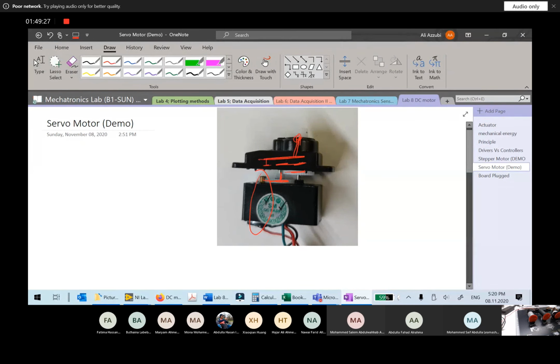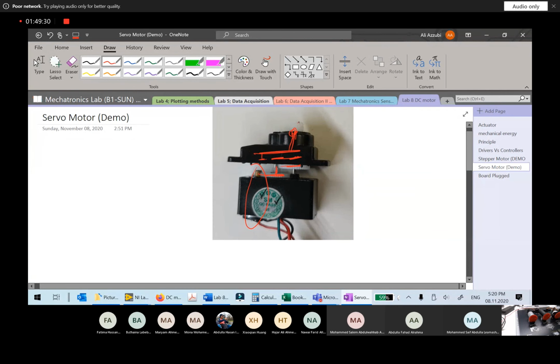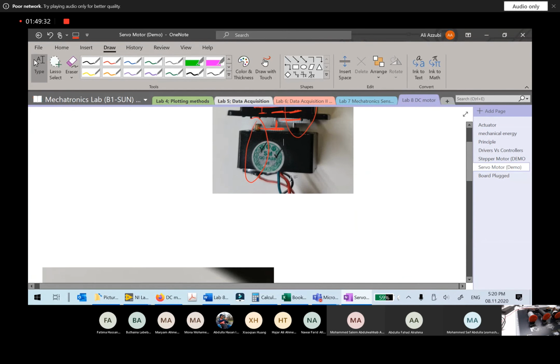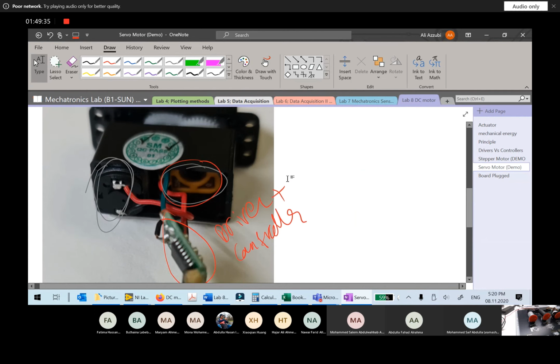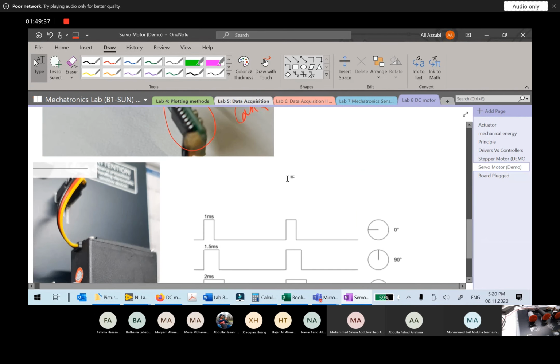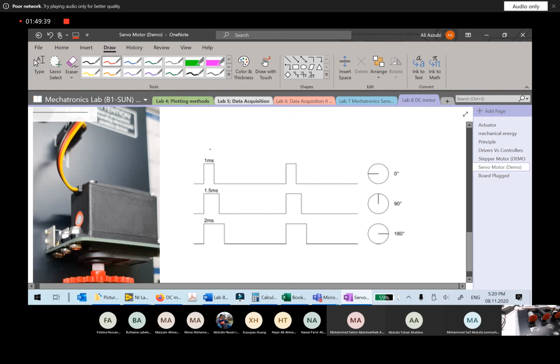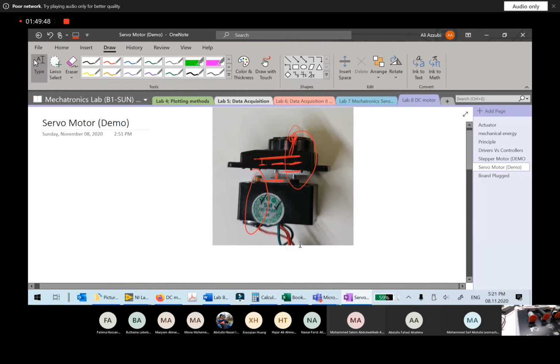Eventually you have this output shaft. By measuring the location of the output shaft, the controller, the feedback circuit actually, will convert a command given through this pulse time to a location and maintain that location. So a servo motor is a feedback system. It's not just a motor. It's a DC motor plus feedback.